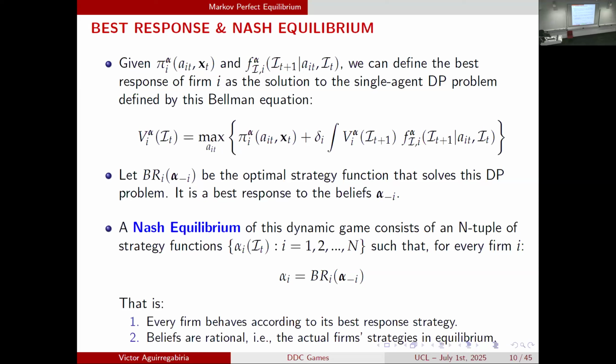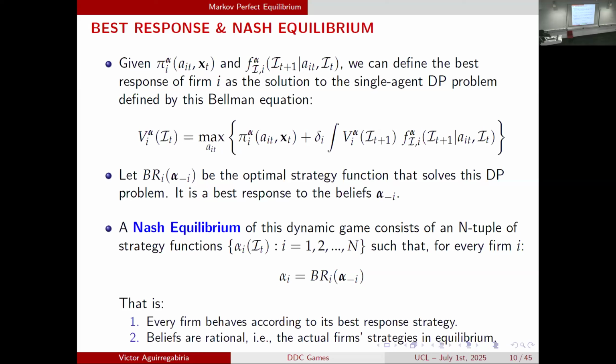Then given this, we can define simply an equilibrium in this dynamic game as an n-tuple of strategy functions, okay, where everybody is best responding, taking as given the strategies of the others. And we have Nash equilibrium in a dynamic game with an arbitrary choice for what the agents are conditioning on when they are constructing a strategy.